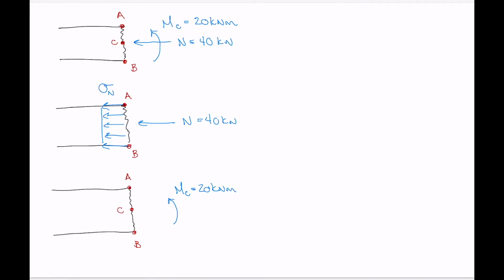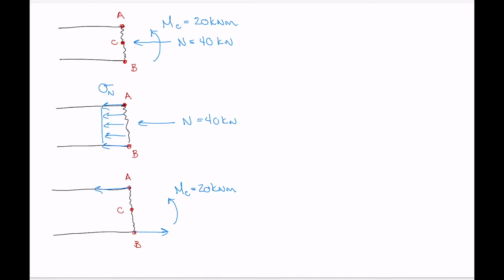So we know what's going to happen in terms of stress due to an internal bending moment that's occurring in that direction. That moment is going to take point A and push it in to the rest of the material in the beam. So it's going to create a compressive normal stress at point A. At point B, the opposite's going to occur. So it's going to take point B and pull it out from the rest of the material in the cross section, so that's going to be a tensile normal stress.